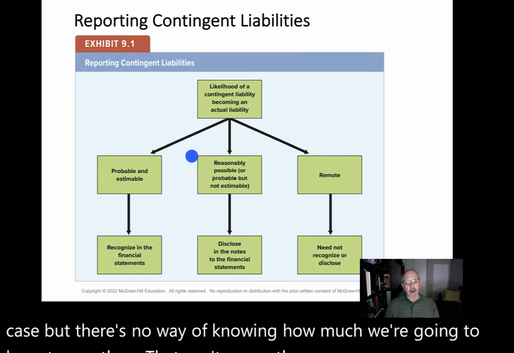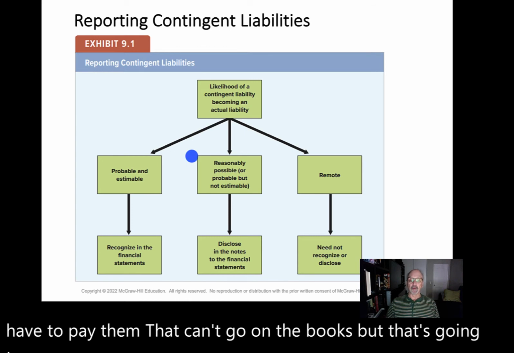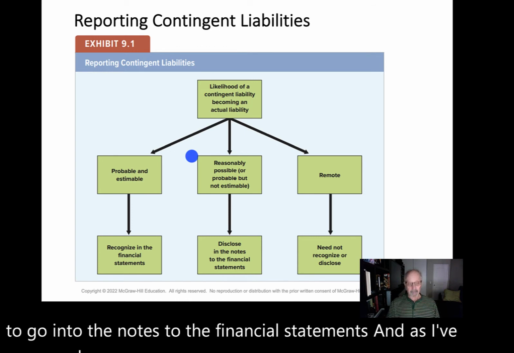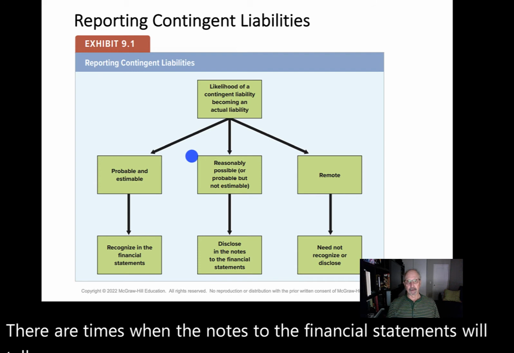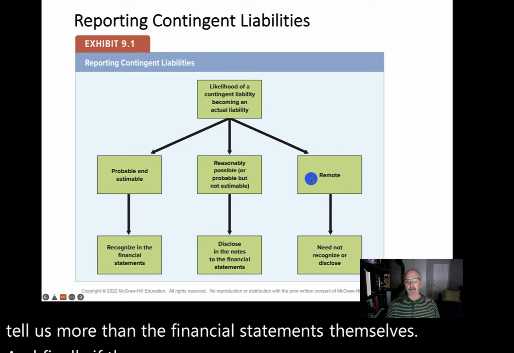But that's going to go into the notes to the financial statements. And as I've expressed before, there are times when the notes to the financial statements will tell us more than the financial statements themselves. And finally, if the loss of the case is remote, nothing to do.